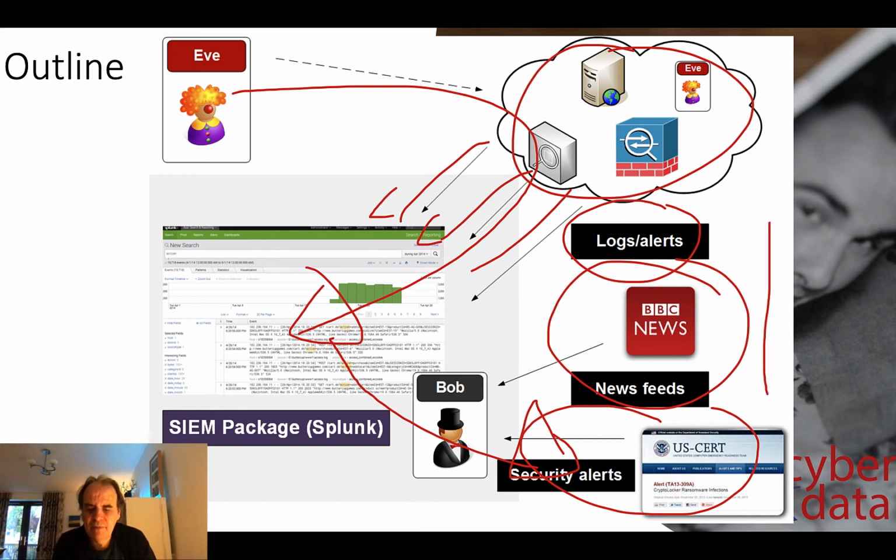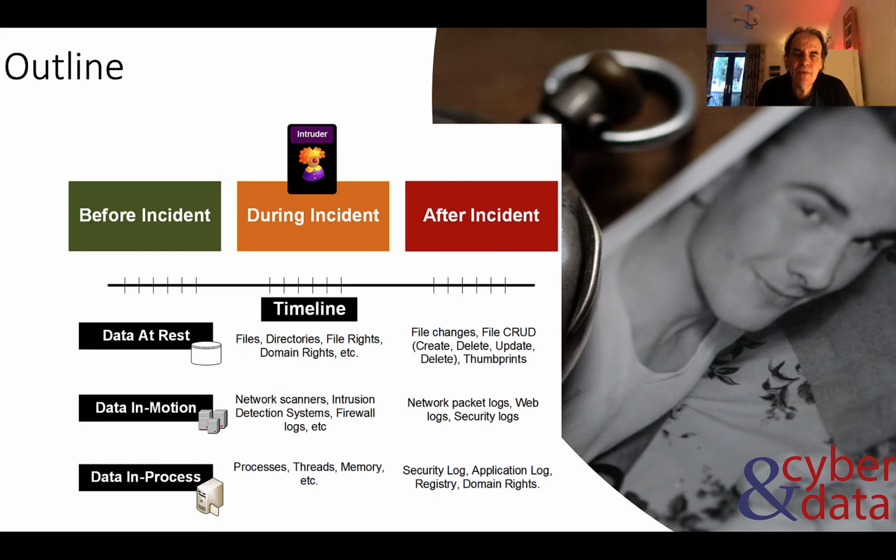Increasingly, we might even be using threat hunting to see what threats are on the landscape and try and learn them before they're actually seen in the wild. So what we often define is before an incident, during an incident, and then after the incident.